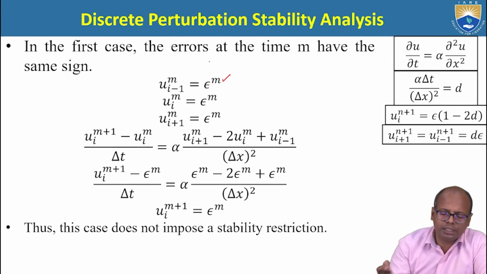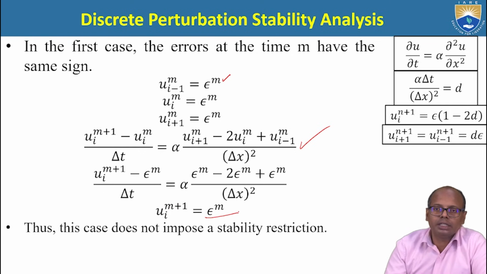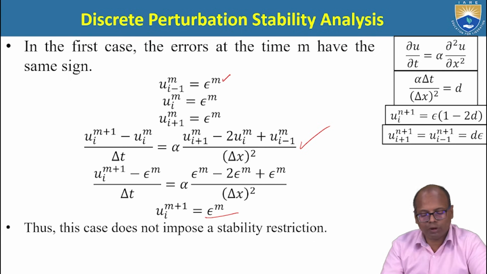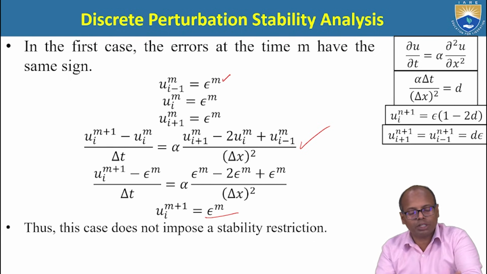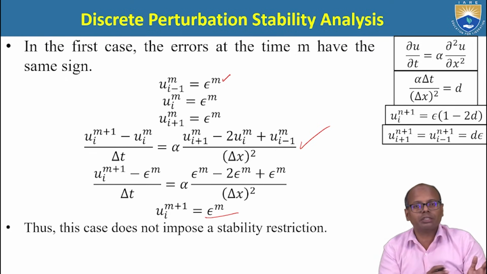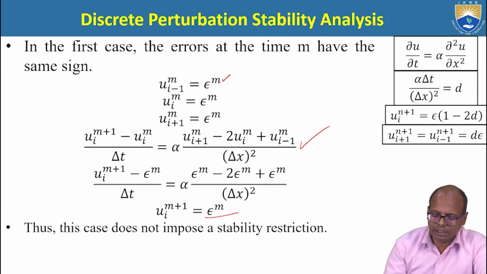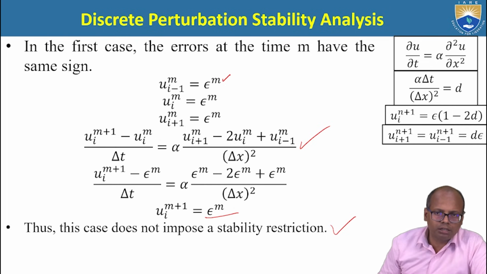If the sign is also same and I substitute this in the FTCS equation, what will happen is u i, m plus 1 is also equal to epsilon power m. So what is happening? At time m the error is epsilon power m, and at time m plus 1 also the epsilon power m is retained. So it is not decaying. So this is not a restriction condition. The stability criteria is not satisfied.